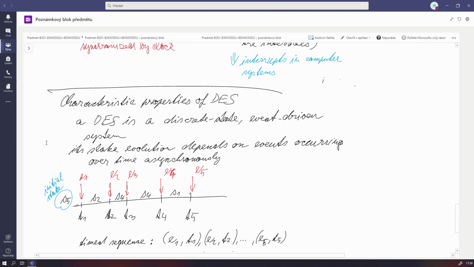If we also associate some probability with the events, we can talk about stochastic timed language.